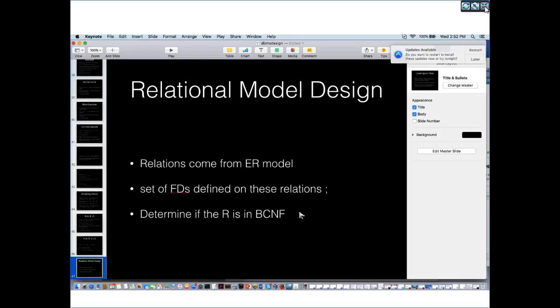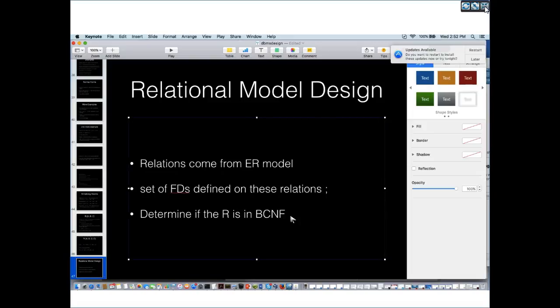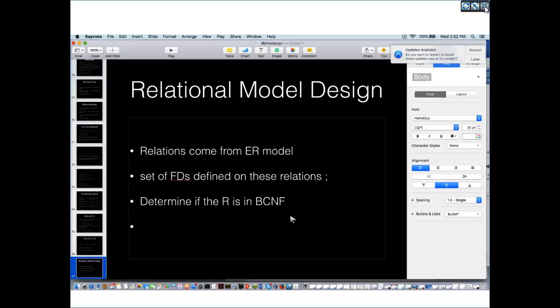Now determine the relation. By applying functional dependency, for a non-trivial functional dependency, check whether the left hand side is a superkey. If it is not, then what you are going to do is try to split the relation into R1 and R2.